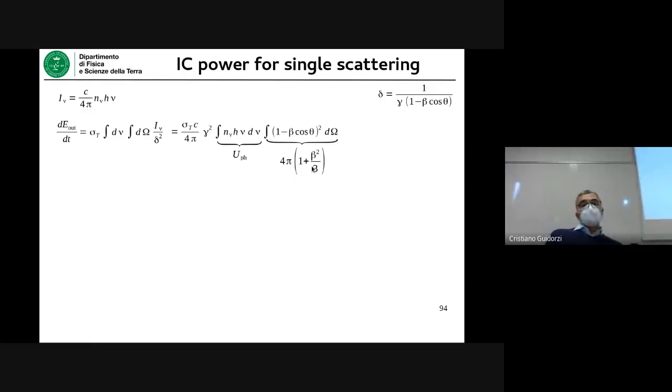Make sure you can get it. Small exercise. And so you see there's a factor of 4 pi which cancels out here and here. So you're left with sigma Thomson, speed of light, gamma squared, energy density, and this factor here. Just like that.